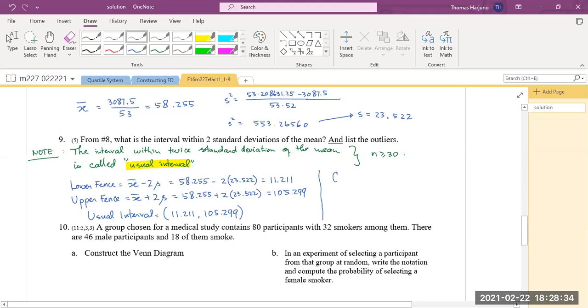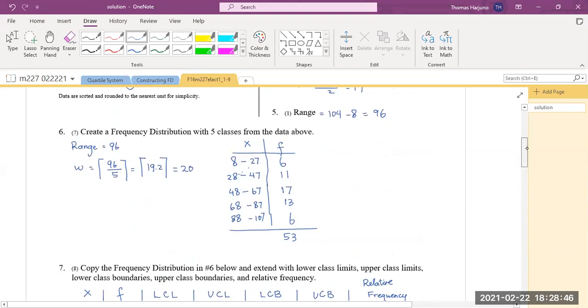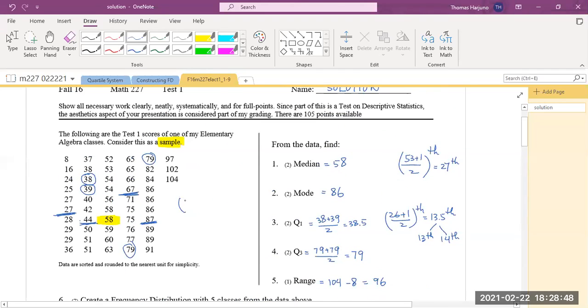Okay, then what will the outliers be? Now, compare this interval, 11.2 to 105 point approximately 3, with your original data. Then which data in this raw data is not in this interval?